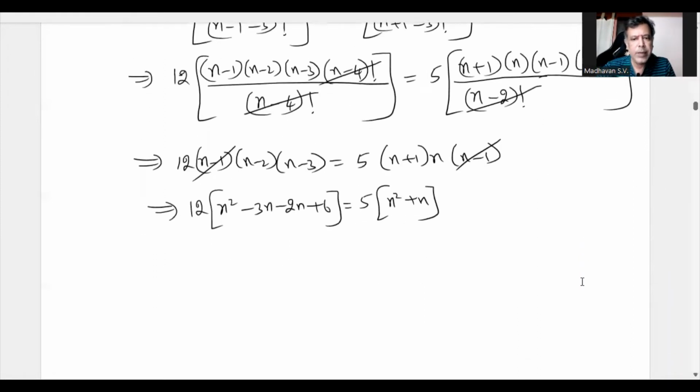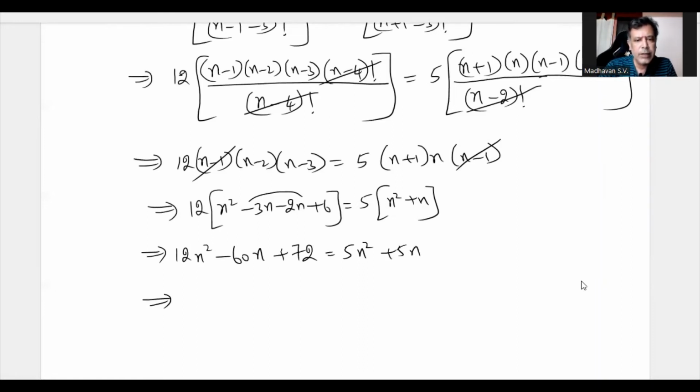Now this can be further simplified as 12 times n square, and these together it is 5n, minus 5n. So if I multiply with the 12, it becomes minus 60 times n, and 12 times 6 is 72, so I will write 72. Here it is 5n square plus 5n.